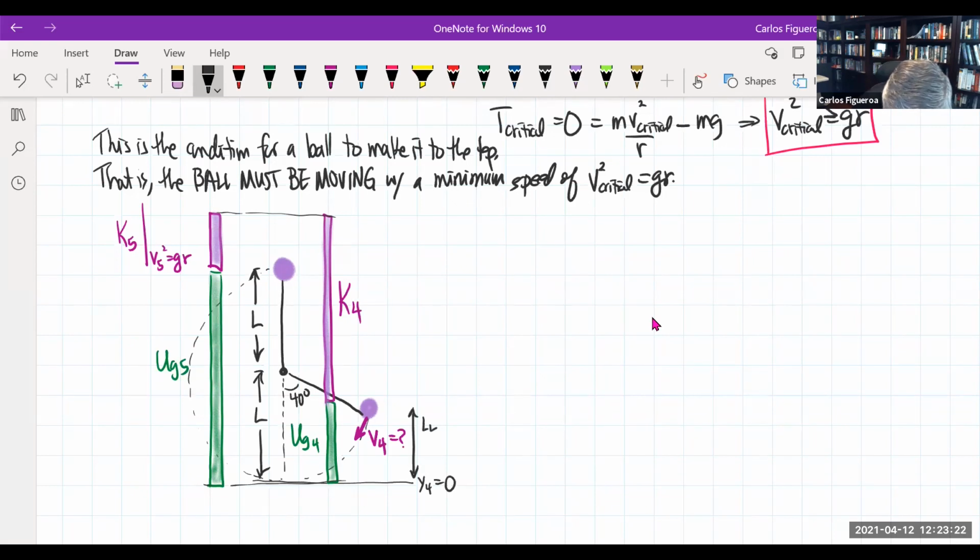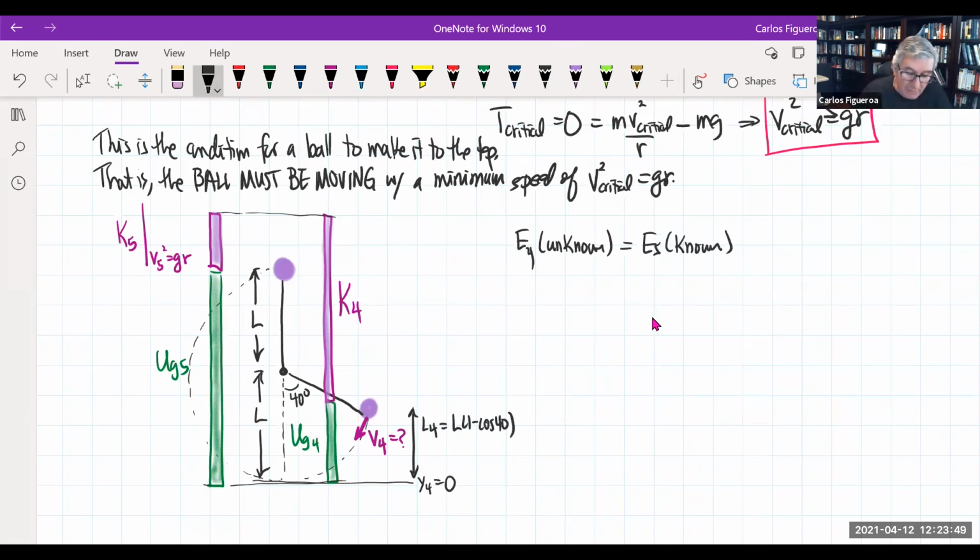So this is L4, which we already wrote once as L times the quantity 1 minus cosine of 40. So let's keep doing this. Here's E5, which is my known. And this is E4, which is my unknown.